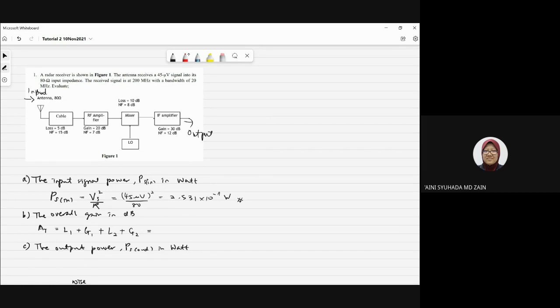So basically when we say it is a loss, then you will have a negative sign. It's around 35.